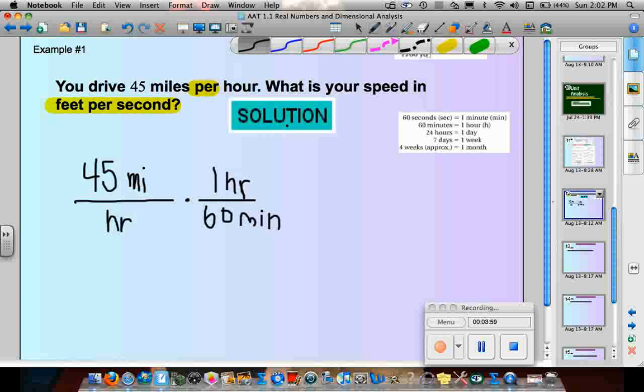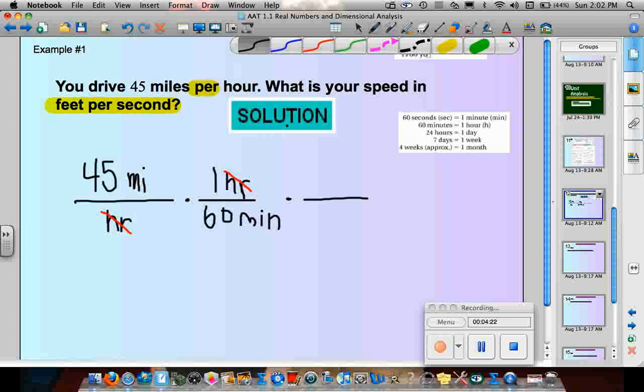What we can do now is, because I have hour in the denominator and hour in the numerator, it would cancel. If I multiplied out right now, I would have 45 miles per 60 minutes. So I'm driving 45 miles every 60 minutes. Well, I don't want minutes. I want seconds, so I need to do this again. I'm going to multiply by another fraction.